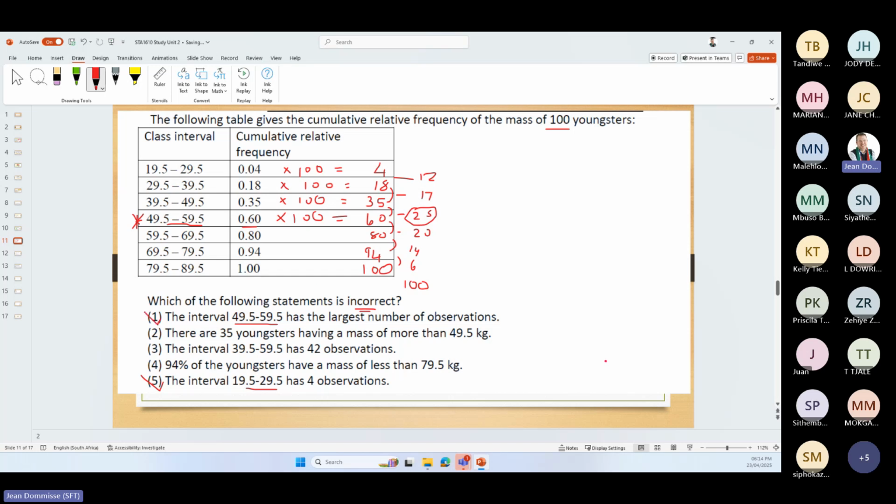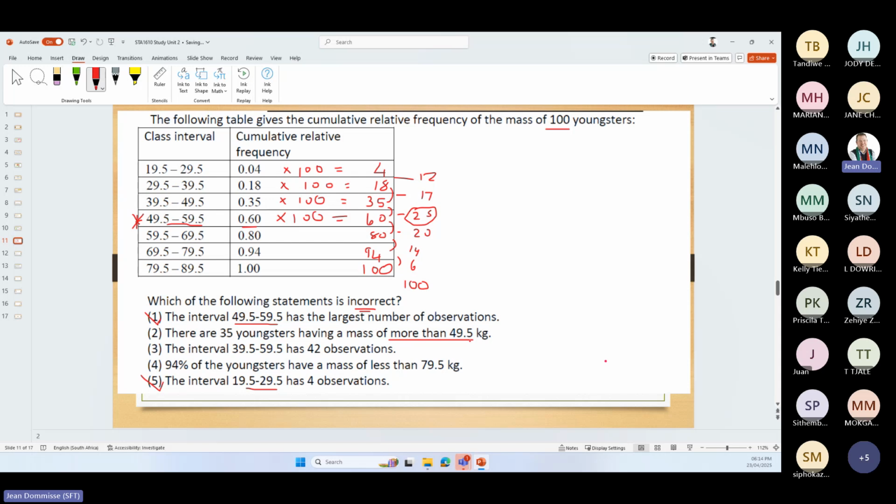So that is correct. Okay, the next biggest component was sitting in the 59.5 to 69.5, where there are 20 youngsters or 20 students. Okay, there are 35 youngsters having a mass of more than 49.5.